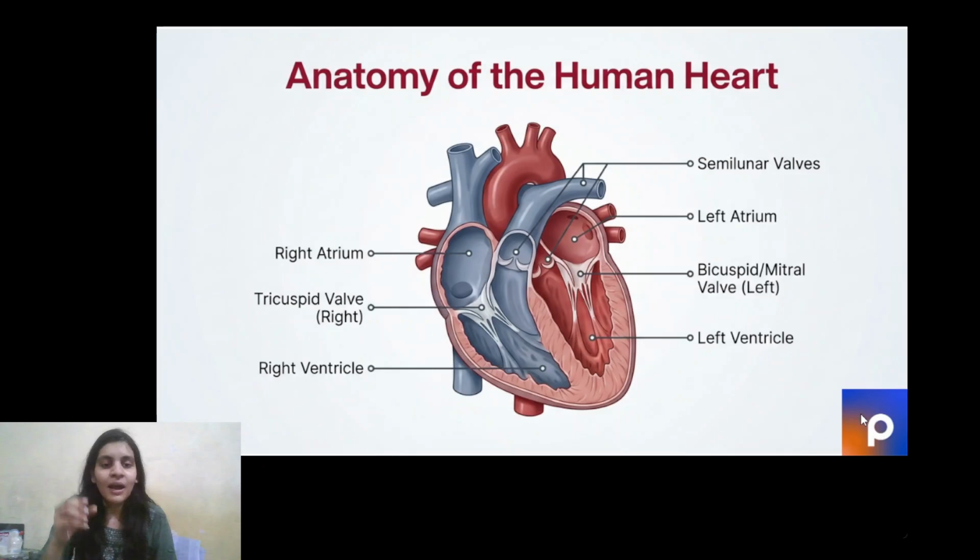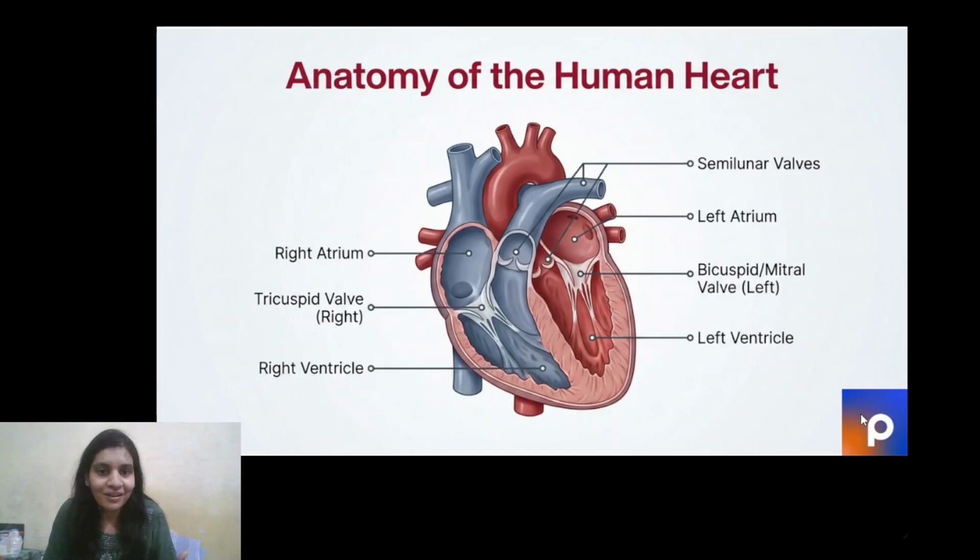Now the left ventricle sends blood to my organs via the major artery of my body, the aorta. So there is a valve between the left ventricle and aorta as well, and that is called a semilunar valve or the aortic valve.